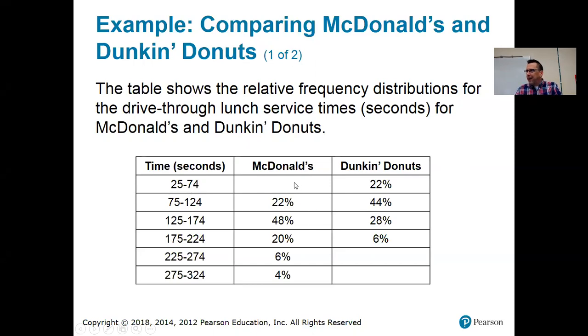Nobody got through the McDonald's drive-through that fast. Everybody got through the Dunkin' Donuts drive-through in 224 seconds or less. These 10% of people really had to wait a long time in the McDonald's drive-through. So this table seems to suggest, again, that Dunkin' Donuts has a faster drive-through than McDonald's.